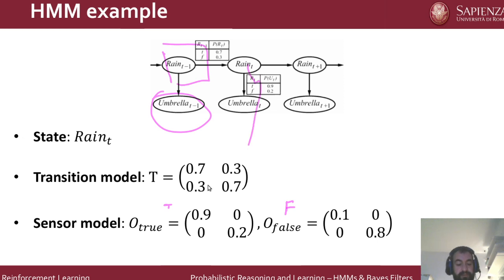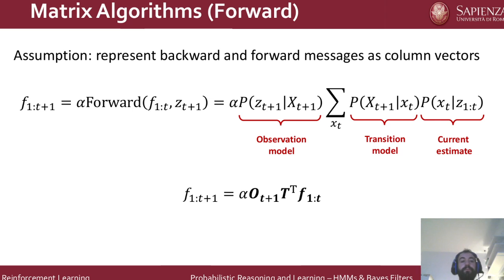So this is observation true, condition true, condition false, and this is observation false for condition true, condition false. Okay. Let's move on.